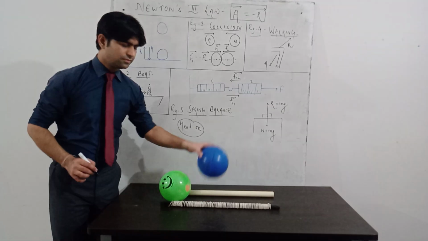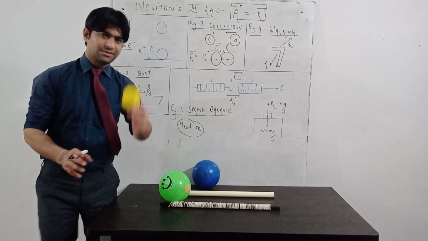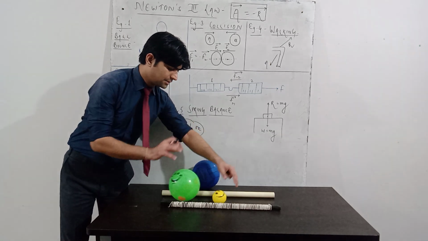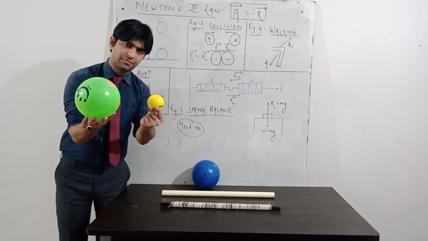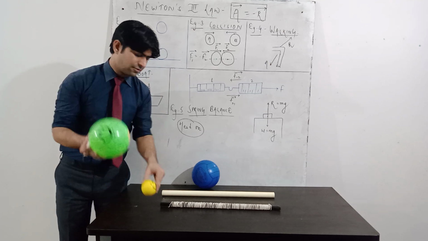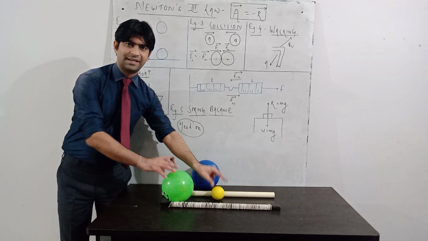But if I remove this blue ball and keep this small spongy ball here, and both balls strike, the dimensions of both balls are very different. So the center of the green ball will not collide with the center of the yellow ball. Such a collision will not be termed a head-on collision.